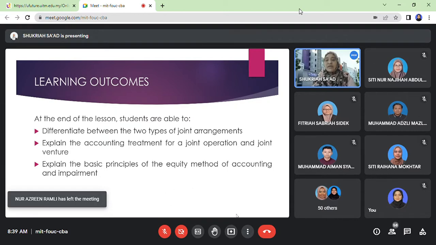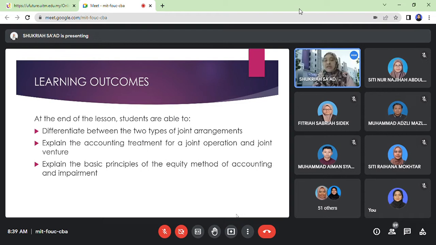we are looking at the joint venture. So we are applying another method, because in order to prepare the consolidated financial statement, when we have the elements of joint arrangement, we need to use another method, which is equity method.